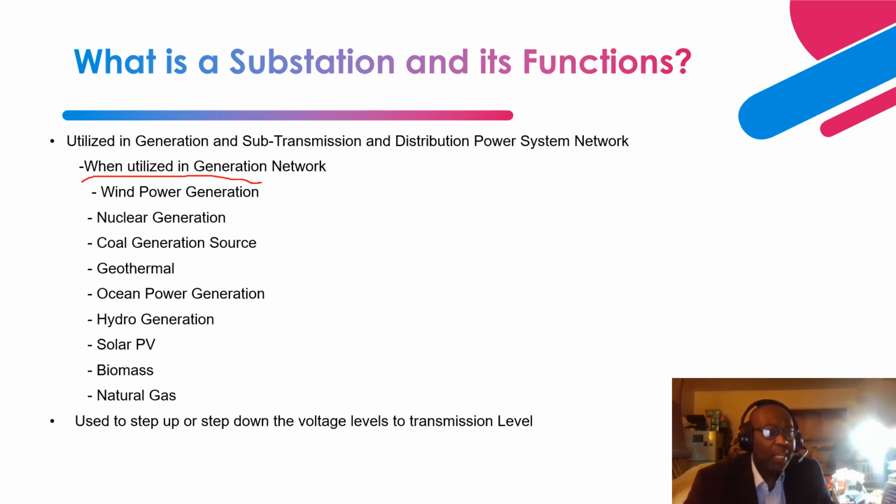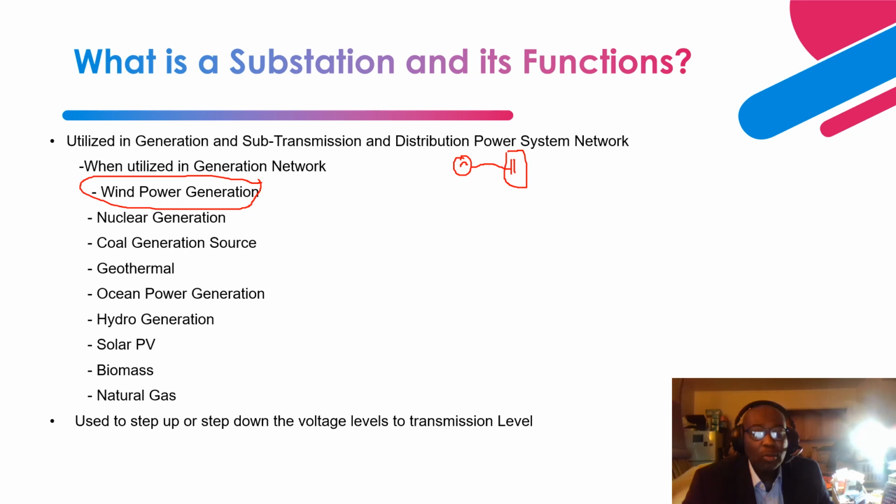The first one we have is wind power generation. A wind power generation consists of many wind farms that are arranged in various configurations. Let's take an example of an onshore wind farm.